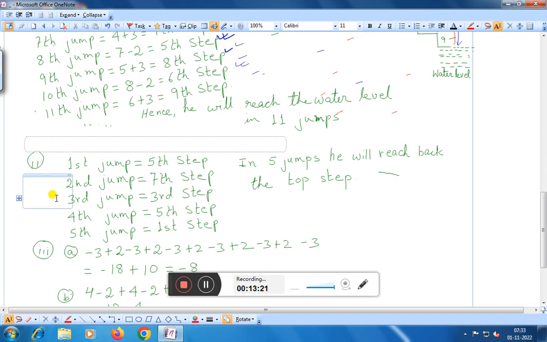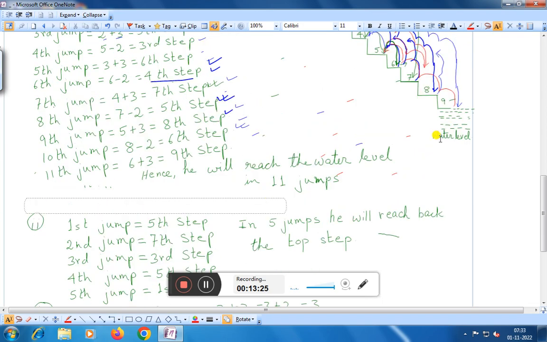Again we are repeating. In the first jump he goes to the 5th step, because from here 4 steps means 1, 2, 3, 4, 5th step. Then in the second jump, 2 steps downwards, that is 5, 6, 7, the 7th step.